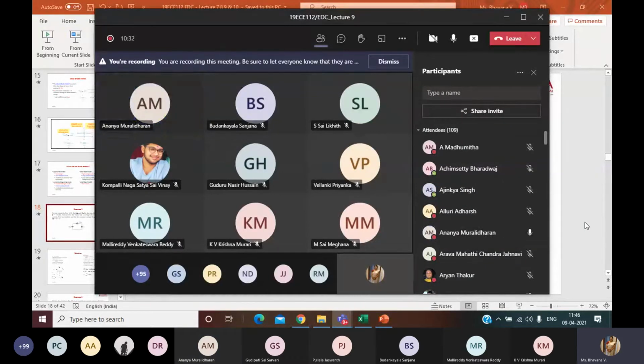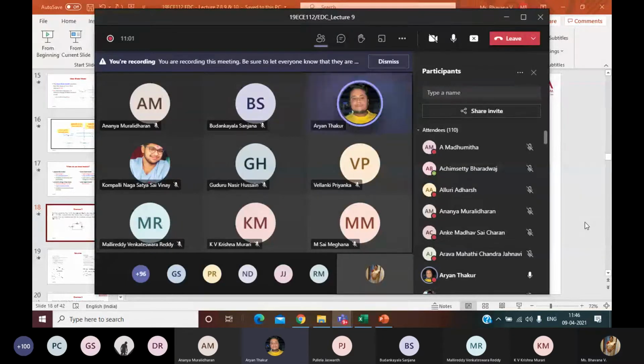Aryan Thakur. Yes, ma'am. Aryan, in the constant diode or constant voltage drop model, how can you get the graph? Till what point will the diode not be conducting and when does it start conducting? Ma'am, after 0.5 it will be conducting.